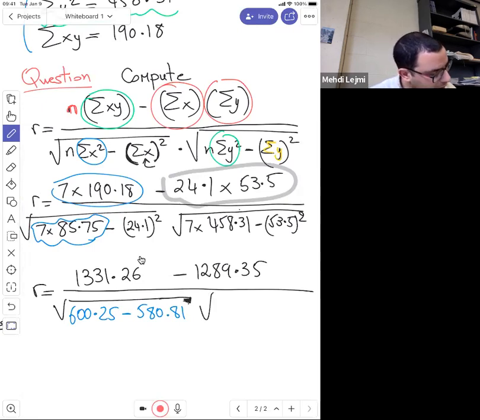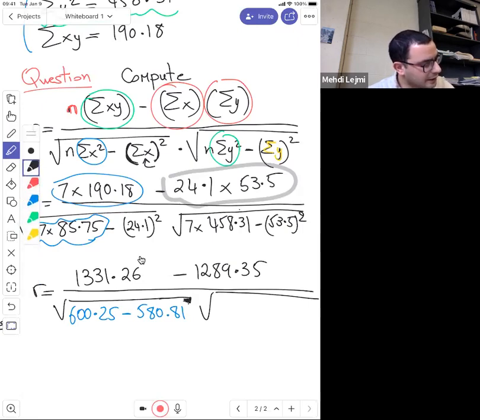Now the second square root. First we have 7 times this 458.31.